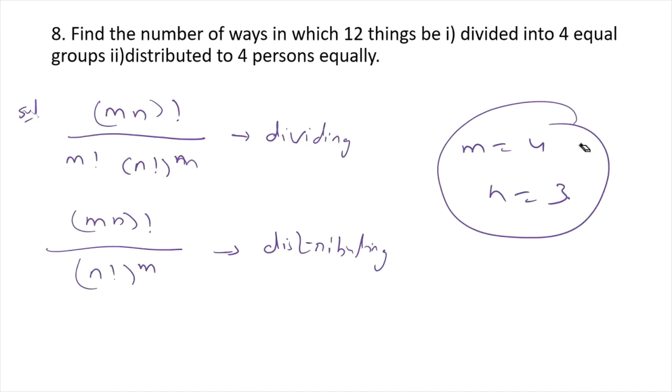So here in this case we have 12 things and we have to divide it into 4 groups. So number of groups is equal to 4, so m is equal to 4. So mn is equal to 12, therefore n is equal to 3. So if you remember these two results, then you can answer it easily.